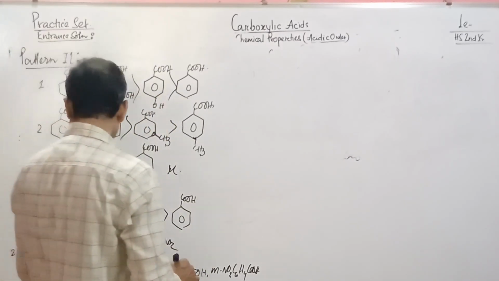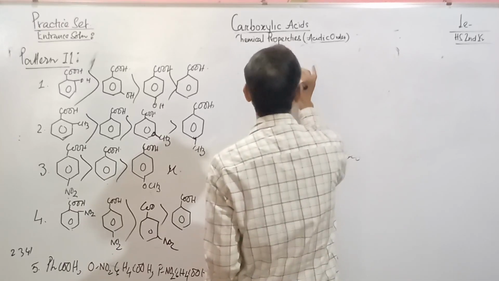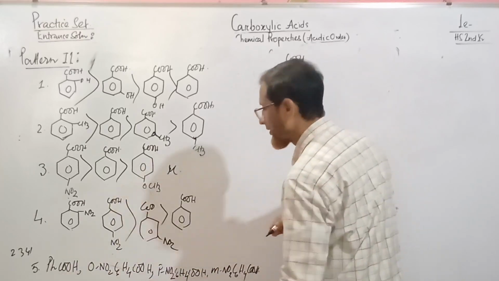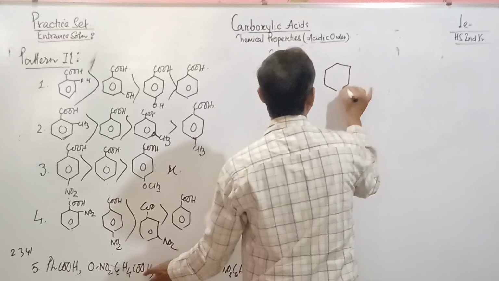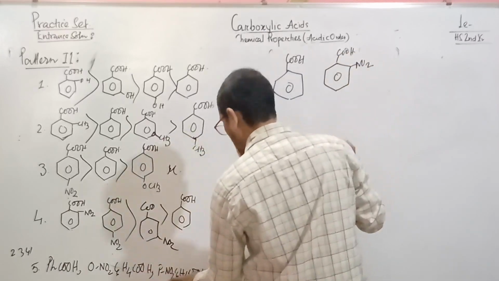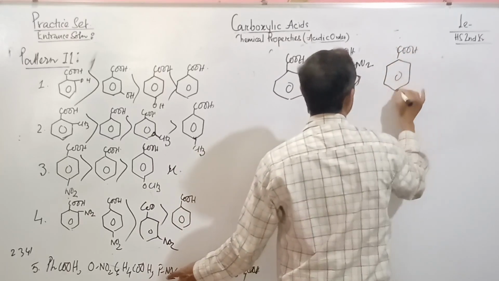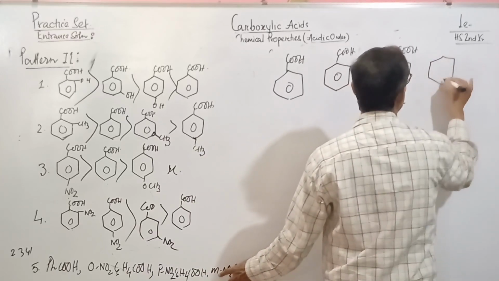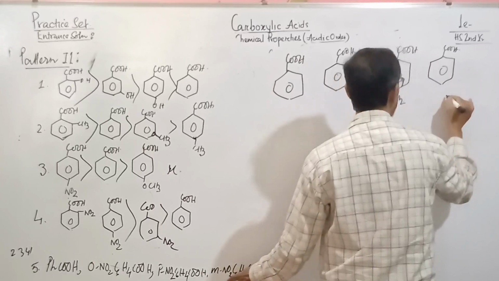Now if you come to this PhCOOH, this benzene phenyl group is termed as Ph. Ortho nitro PhCOOH means the nitro is in ortho position, here nitro is in para position, and here nitro is in meta position.